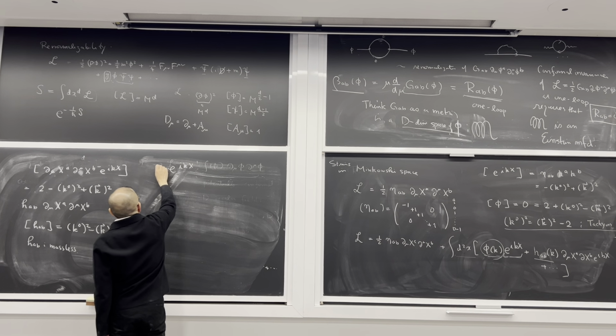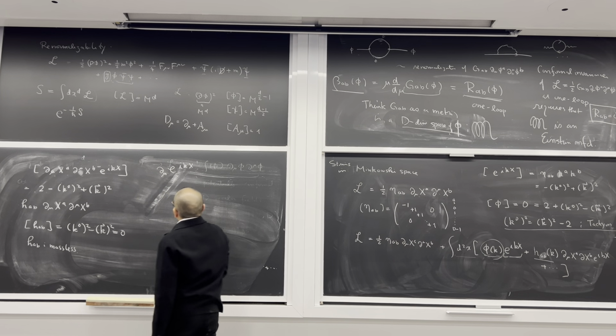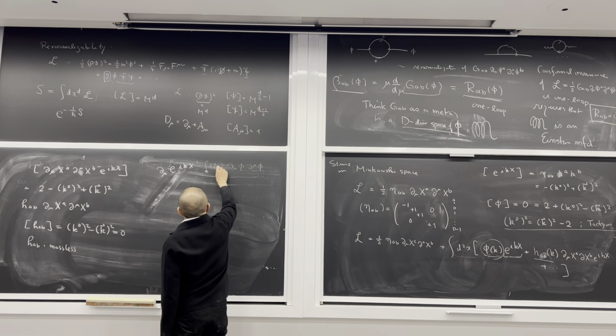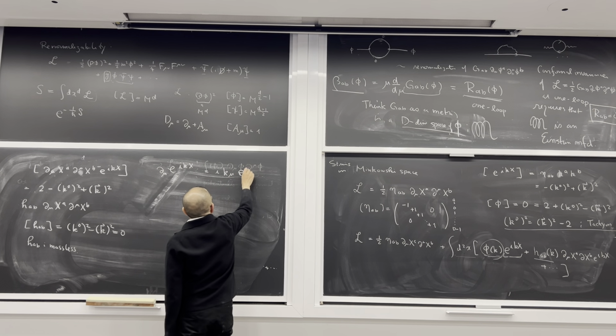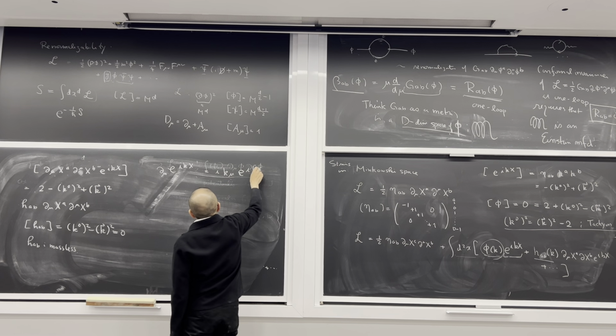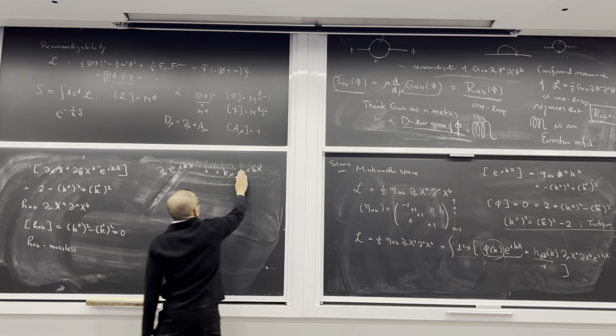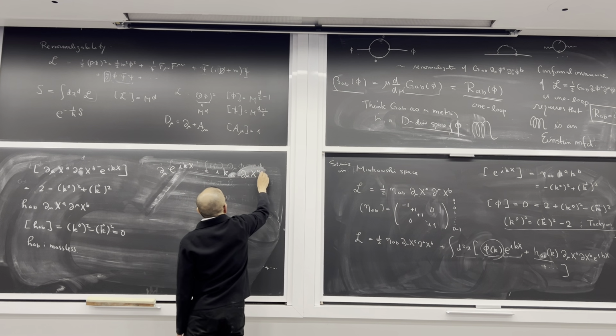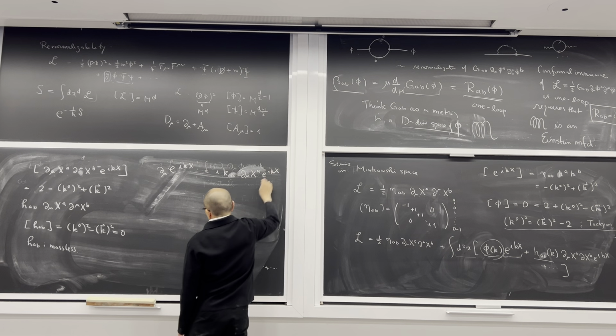And suppose I take a derivative of this operator with respect to mu. Then it gives rise to something like ik mu e to the ikx, right? Yeah, let me do it.